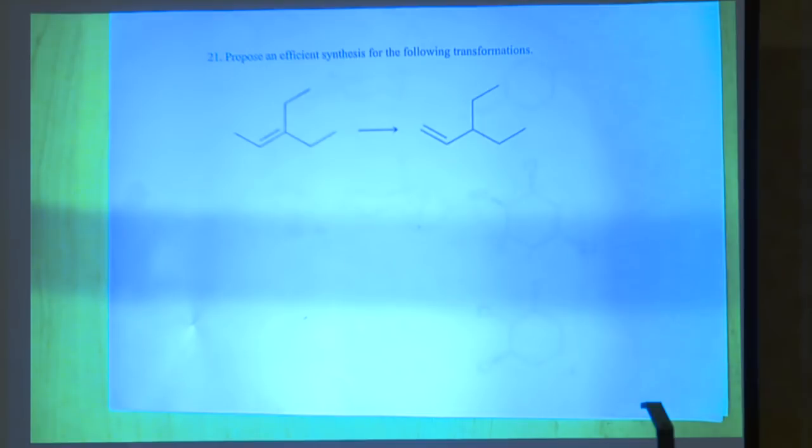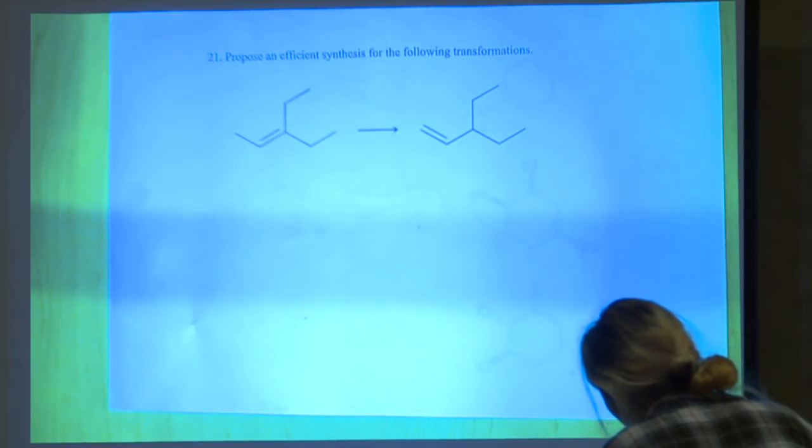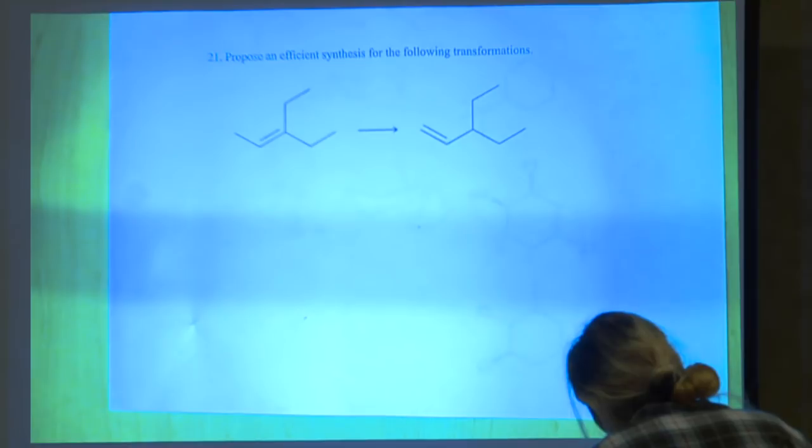But then if you had this, that's diastereo, exactly, because only one of them can change. When one of the wedges becomes a dash and a dash becomes a wedge, like this right here. So diastereomers, you need to have at least one that stays the same. Yeah, so these both flip. So if this was a wedge and this was a dash and this is a wedge, it'll be an enantiomer.